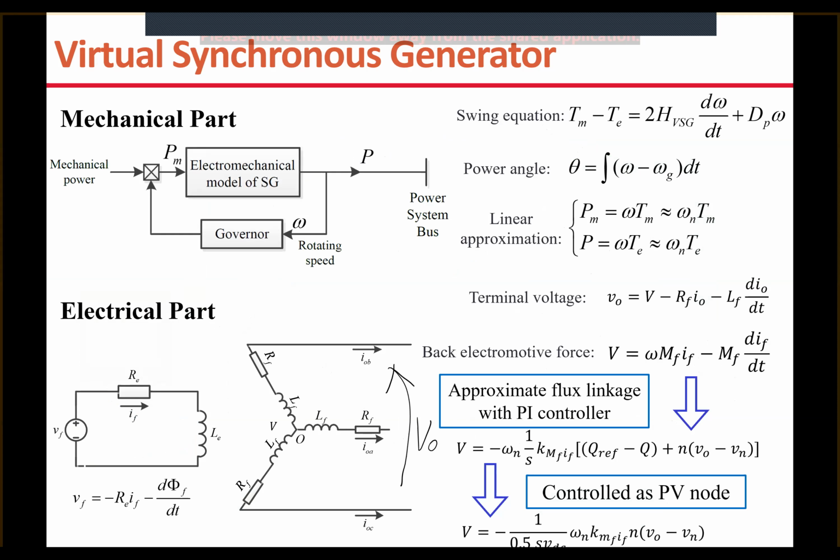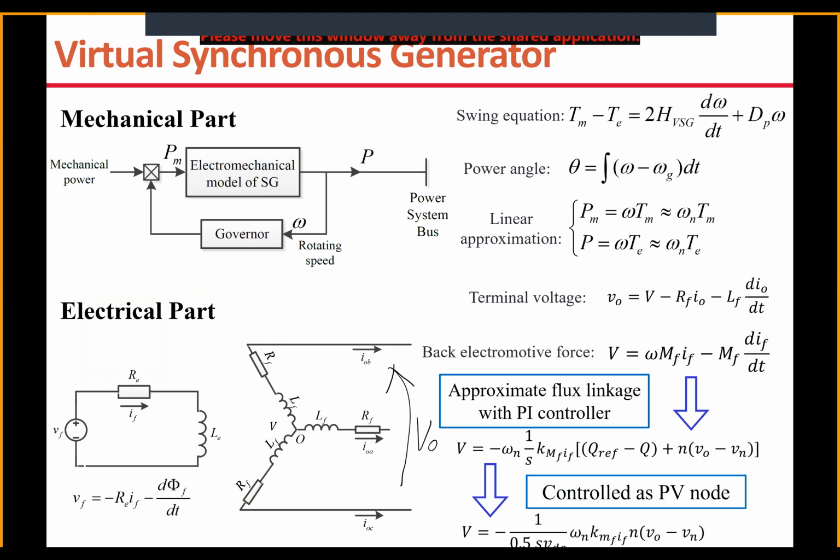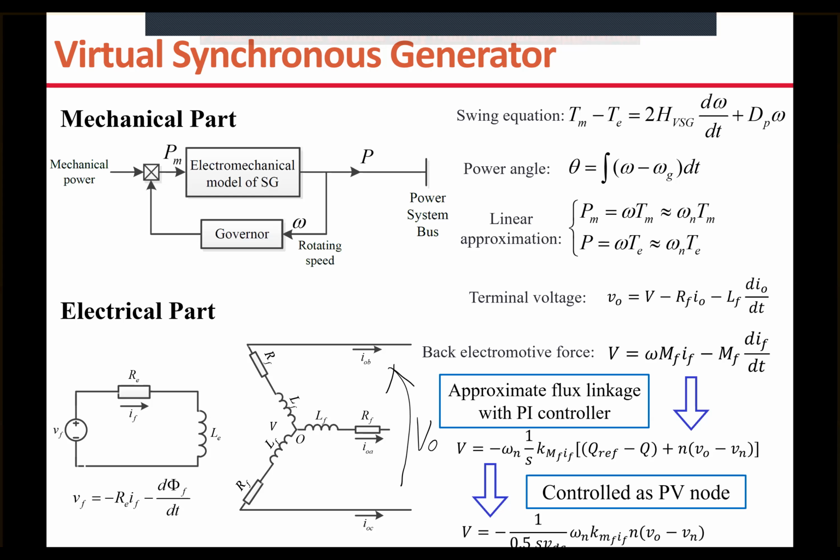So basically we have two parts in the VSG control: the mechanical part and the electrical part. In the mechanical part, we have the swing equation, and we can do some linear approximation, right?